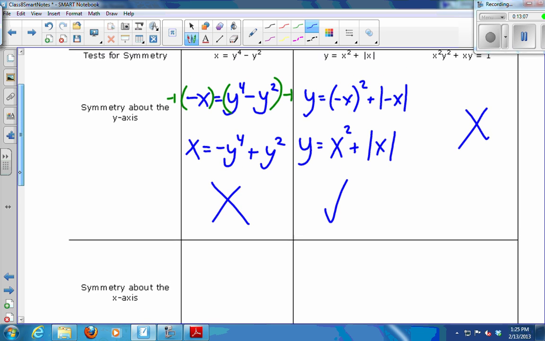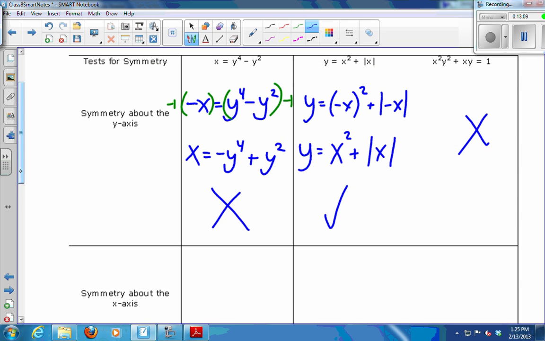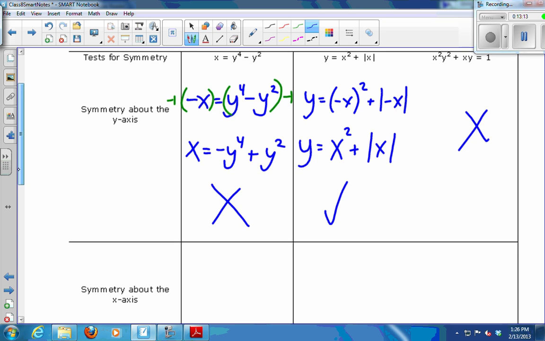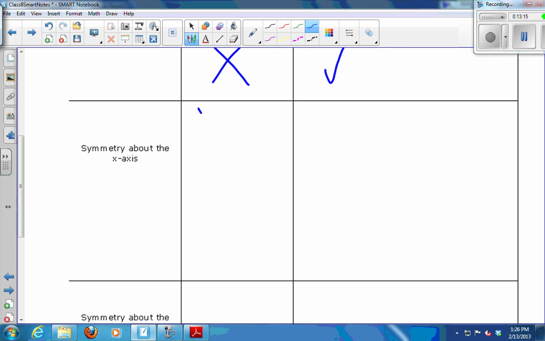All right, x-axis symmetry. Which one had it? The first one. Okay, let's look. x equals y to the 4th minus y squared. For x-axis symmetry, we replace y with negative y. So I get x equals negative y to the 4th minus negative y squared.